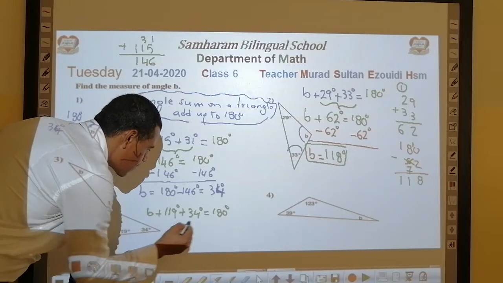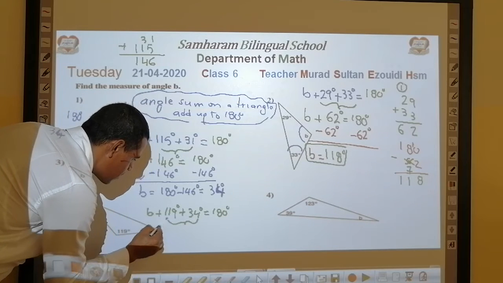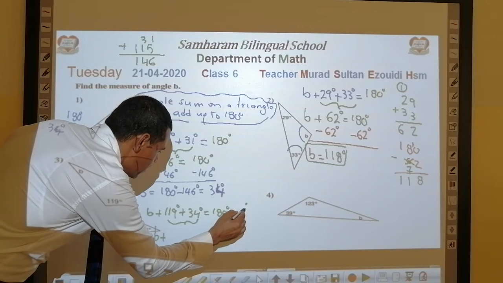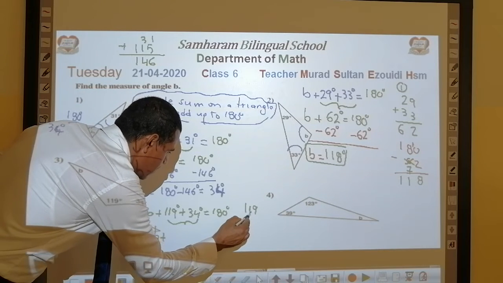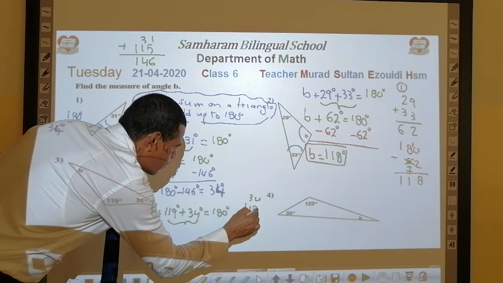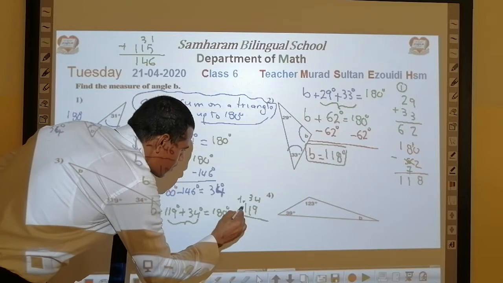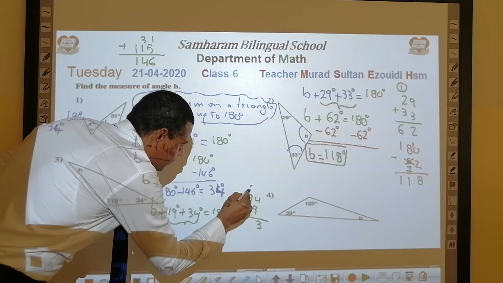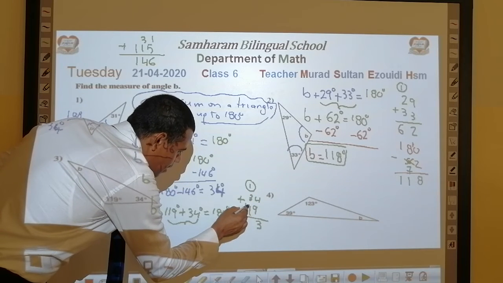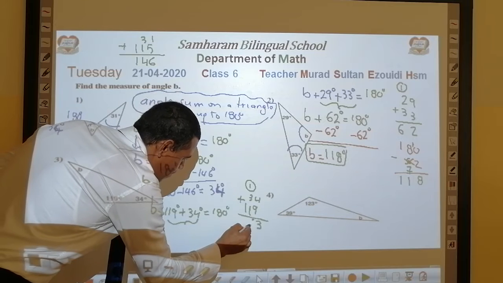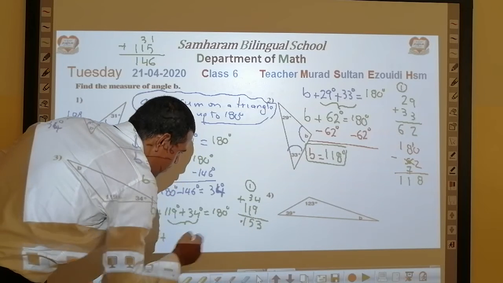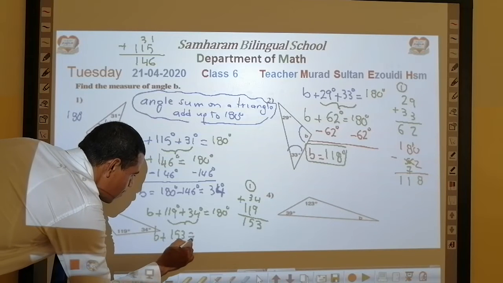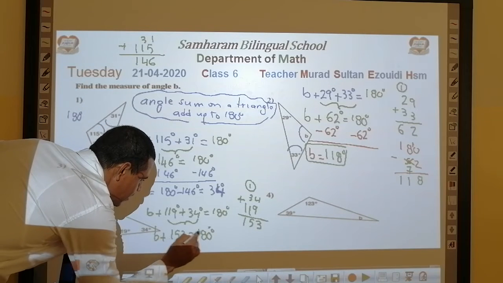It will be B plus, so this one I will make it here, 119 plus 34. 9 plus 4 is 13. 1 plus 3 is 4. Plus 1 is 5. 1 plus nothing is 1. 153. So B plus 153 equals 180 degrees.